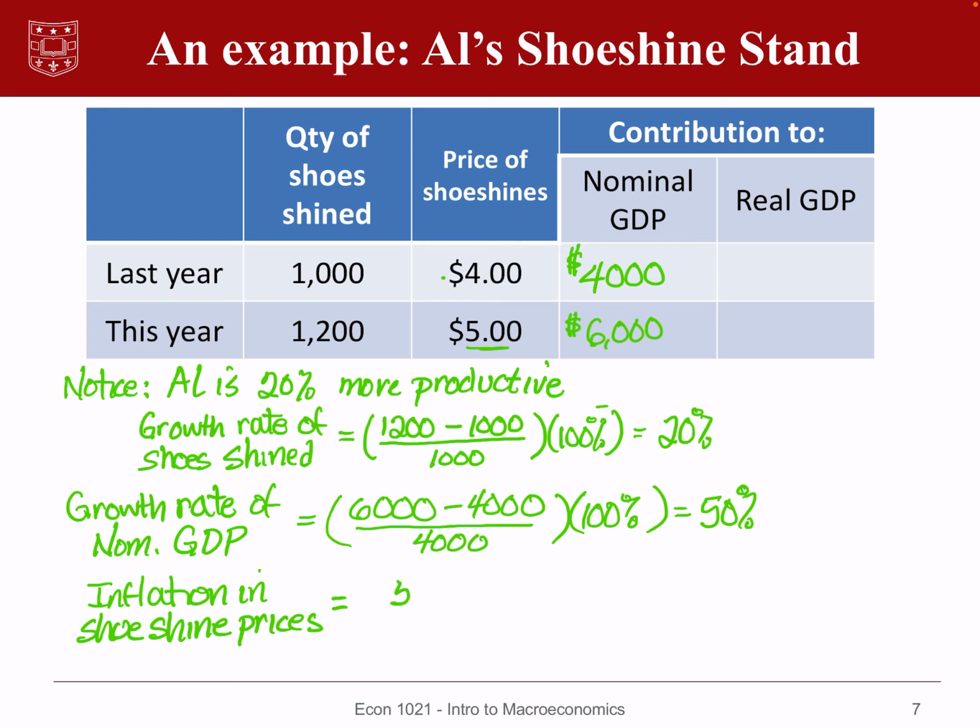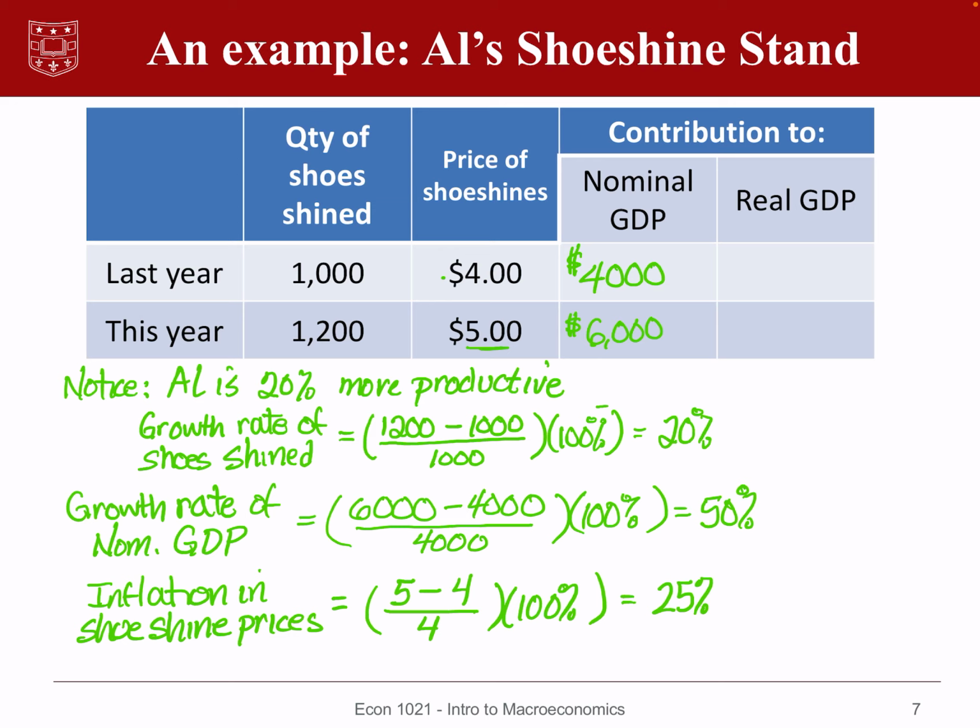That's what happened. It's the price of $5 per shoe shine this year minus the price last year was 4, divided by 4. Again, multiply it by 100 to express it as a percentage. And what we can see is that prices rose by 25%.